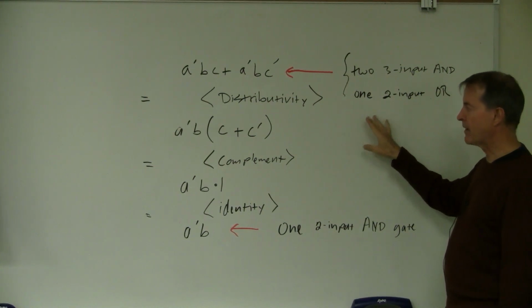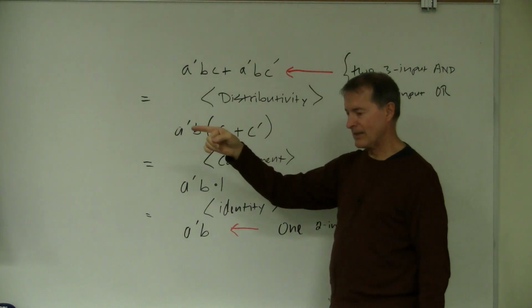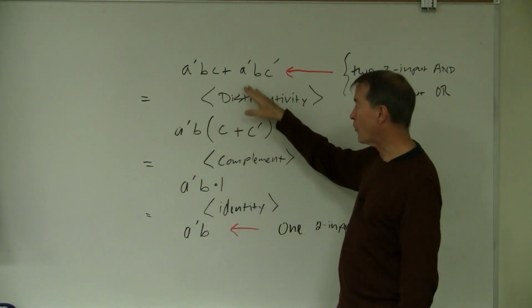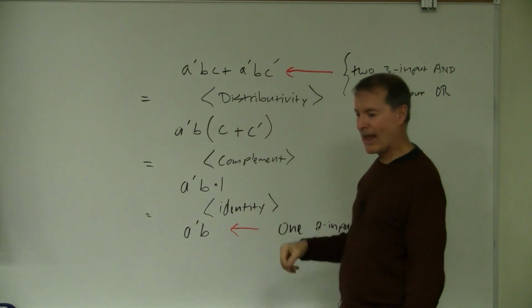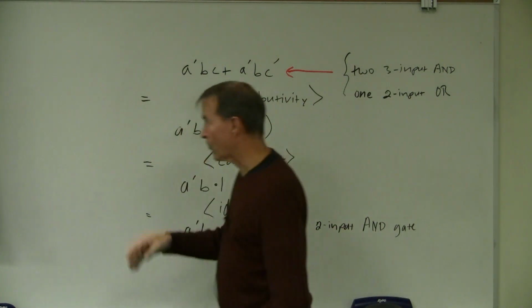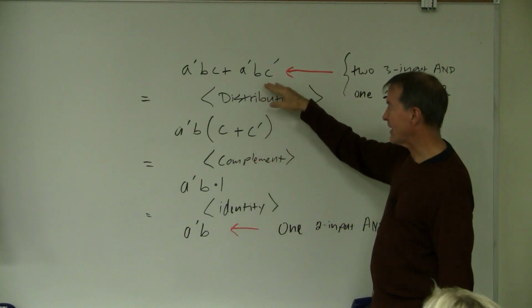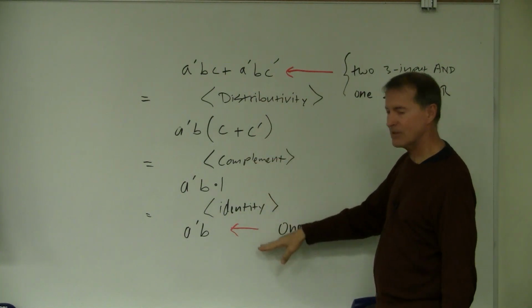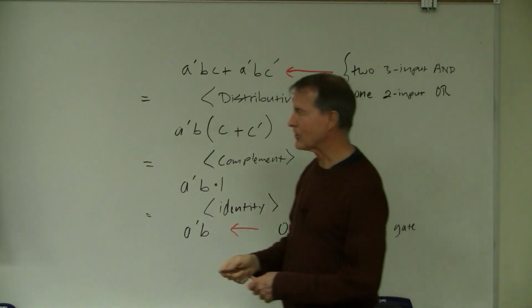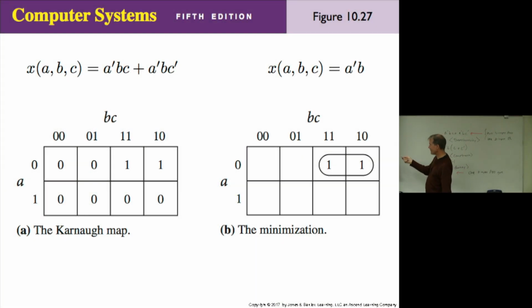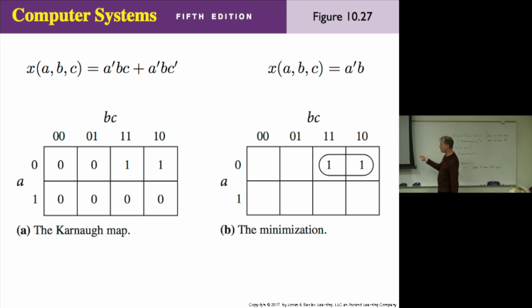Now, the neat thing about a Karnaugh map is that you don't have to do this. A Karnaugh map allows you to do this computation visually. Because these ones are next to each other, we can circle them with an oval. Then take a look at what region this is.